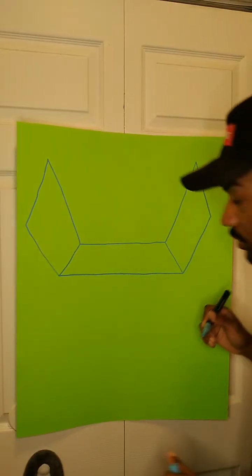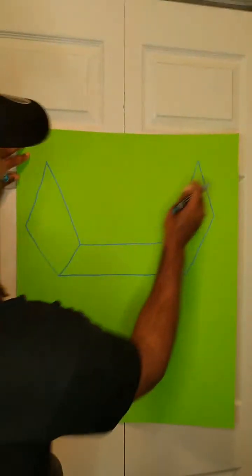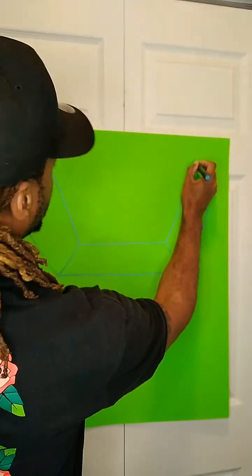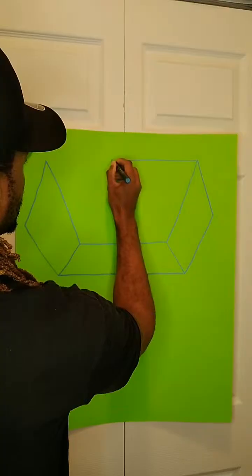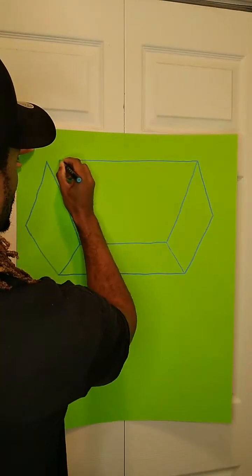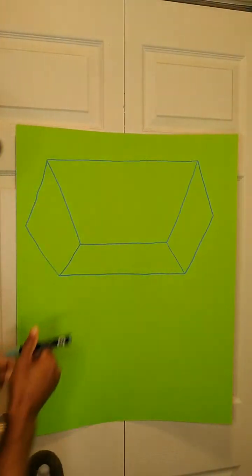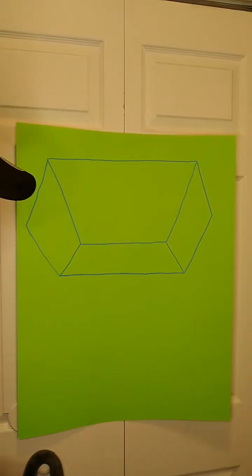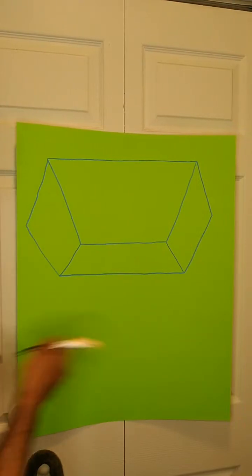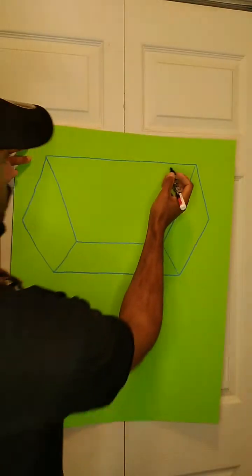Gotta be careful. Those lines are still wet. That looks a lot even, right? All right, let's see what our black marker would do for us. And I have the chisel edge on it too.